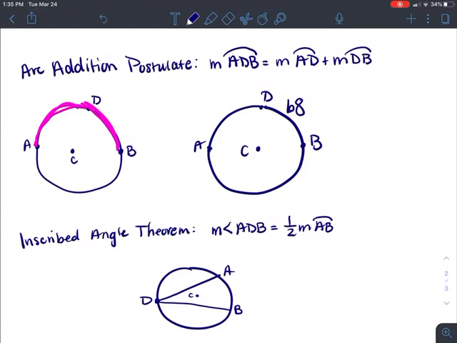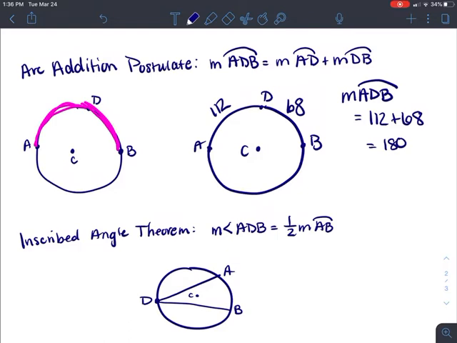If we said that this part of the circle is 68 and this is 112, we can add these together to get the measure of arc ADB. So that would be 112 plus 68, which equals 180 degrees.